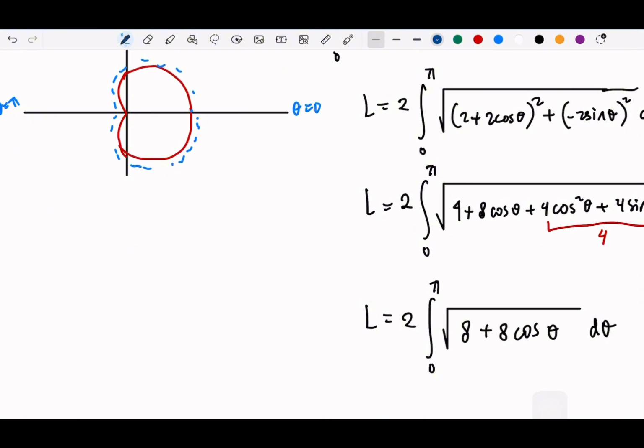So remember the double angle formula. If we have cosine 2 theta, this will be 1 plus 2 cosine squared theta, right?